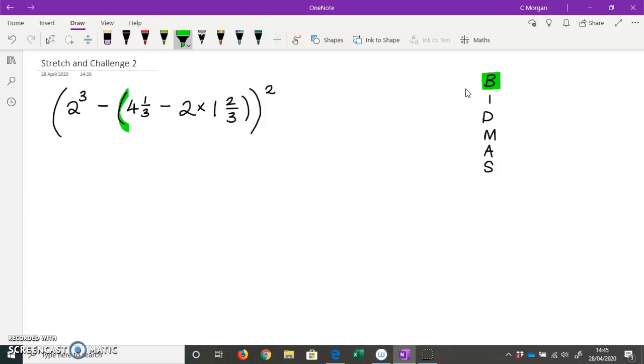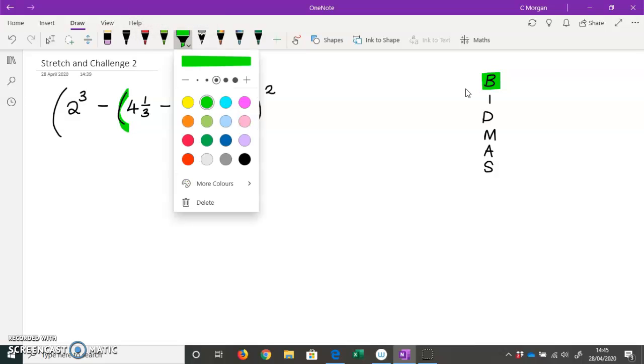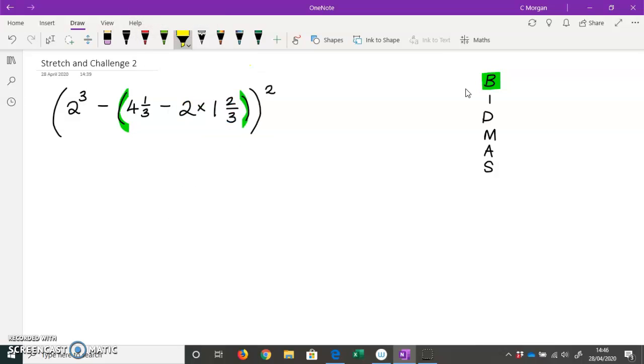So we're going to look at this first set of brackets, which is nested inside that other pair of brackets there. So within that bracket, I notice that I've got a multiplication to do. I haven't got any divisions, but I've got a multiplication to do. So I'm going to do that multiplication inside that bracket. So it's all about what happens inside this bracket.